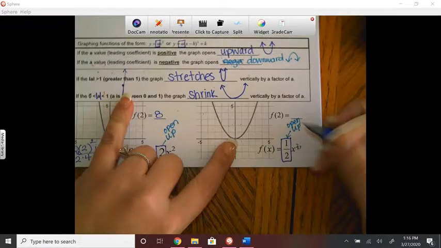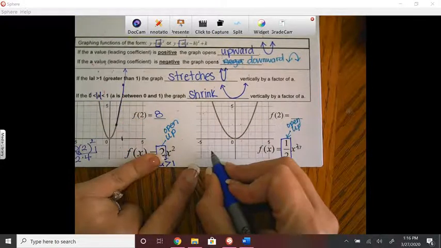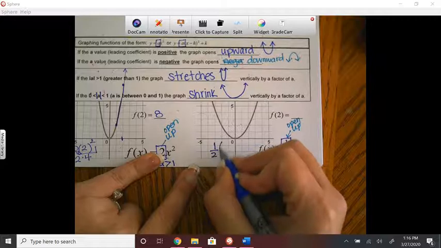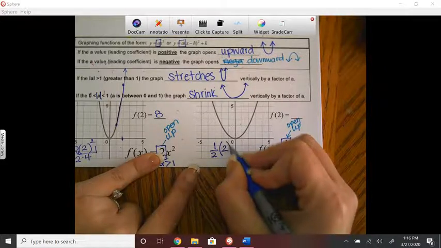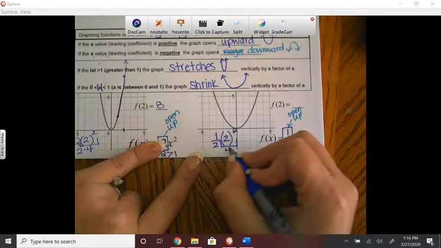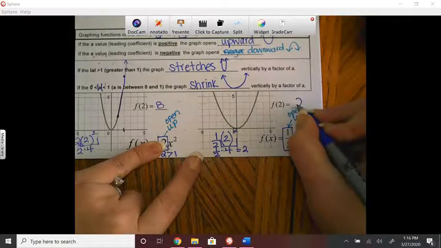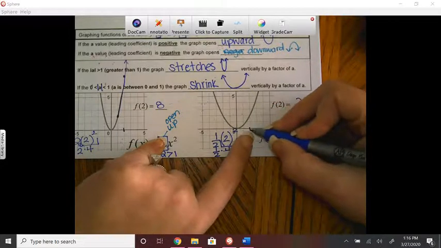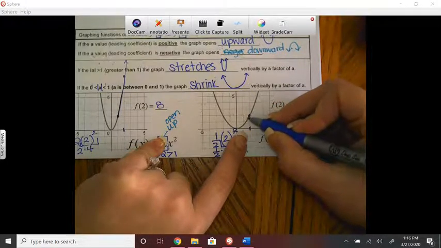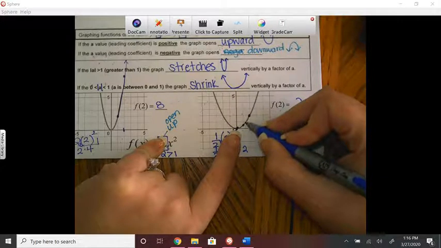Whereas if we now plug a 2 into this function, where we have 1/2, exponents first, 2 squared is 4, and then half of 4 is 2. So when we plug in a 2, it doesn't stretch that much. It goes from here to here. It's not stretching as much.